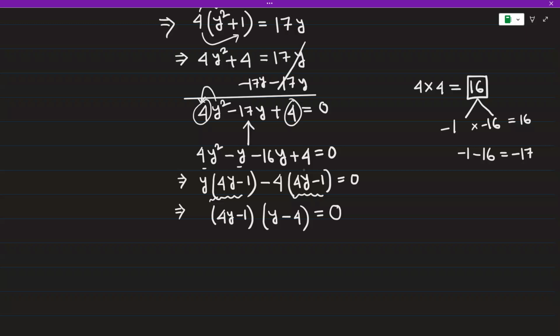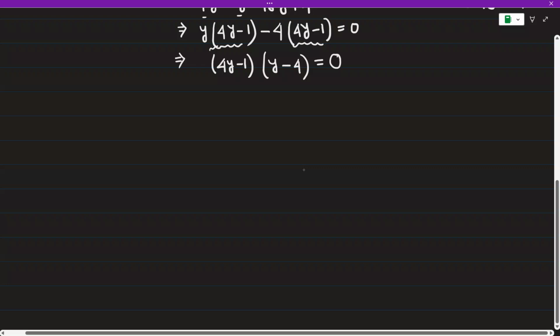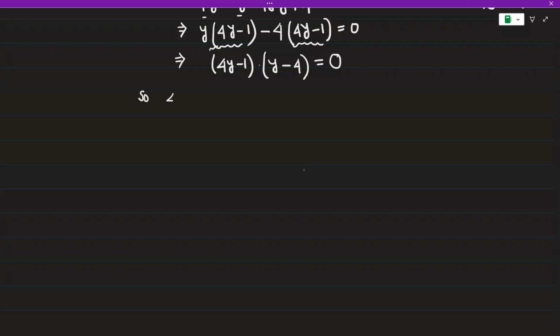Now we use the zero product property. When the product of two things is equal to 0, we use the zero product property. That means either 4y - 1 = 0 or y - 4 = 0. To solve for y, we add positive 1 on both sides, so you got 4y = 1.